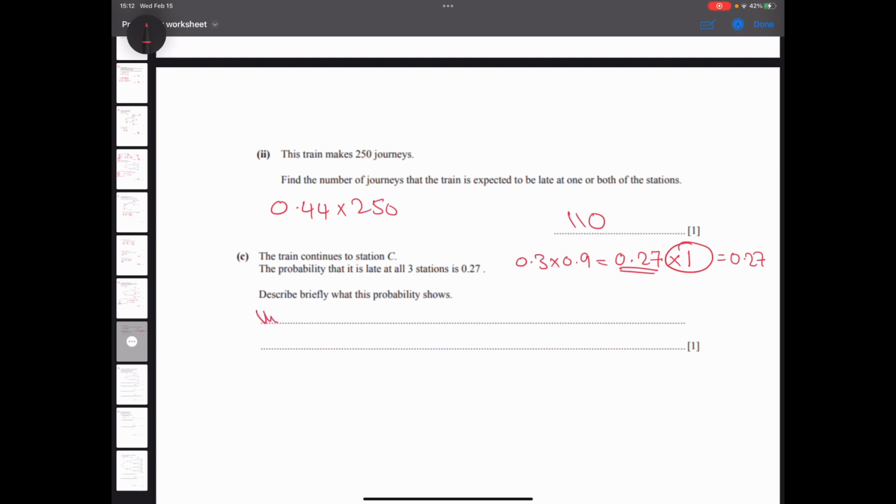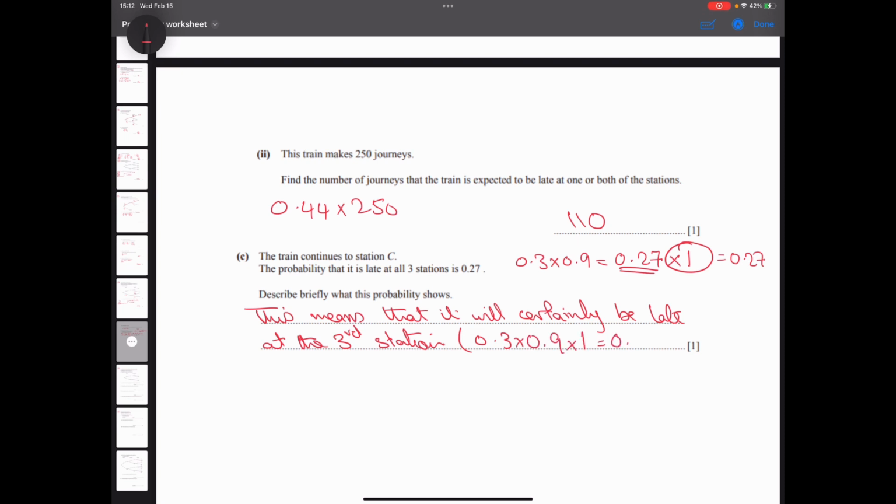So this means that it will certainly be late at the third station. Okay, 0.3 times 0.9 times 1 equals 0.27.